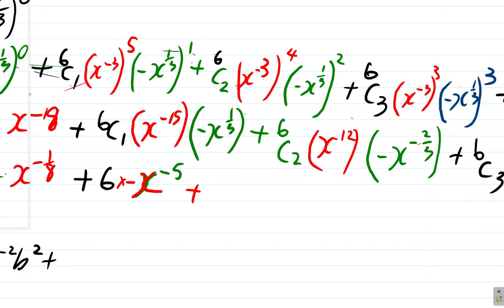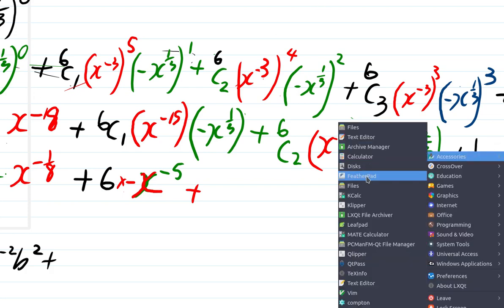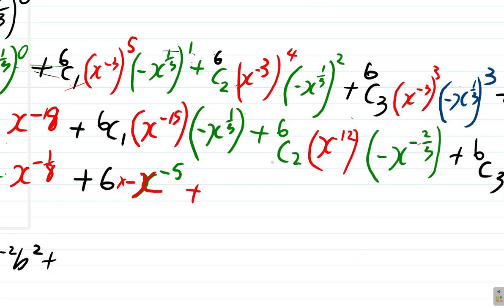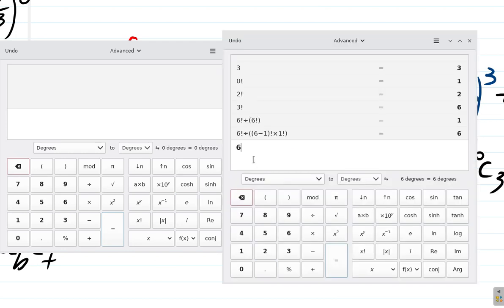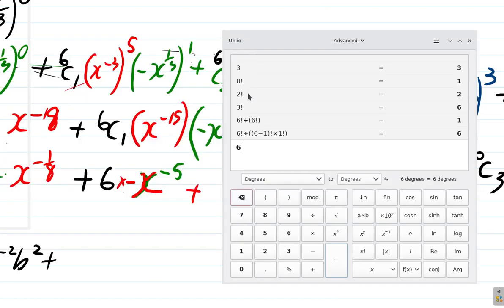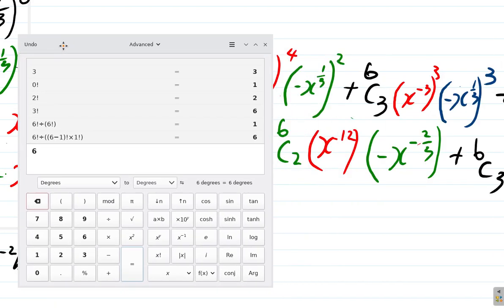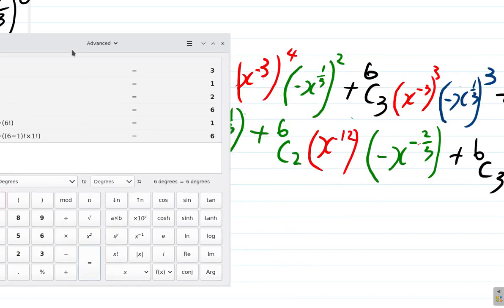Let's work it out. We want to save some time by working these out on our calculator instead of manually. It's good for you to practice to do it manually, with just pencil and paper. But I just want to save some time here.